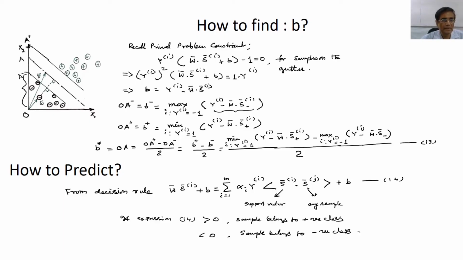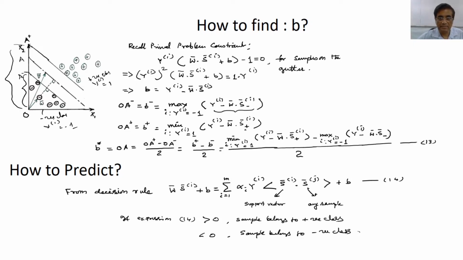Similarly, you can also figure out the other one. This is the extreme worst case of the positive class, yi equals 1, while the negative class is yi equals −1. So you calculate this by taking the minimum over i, the worst samples.